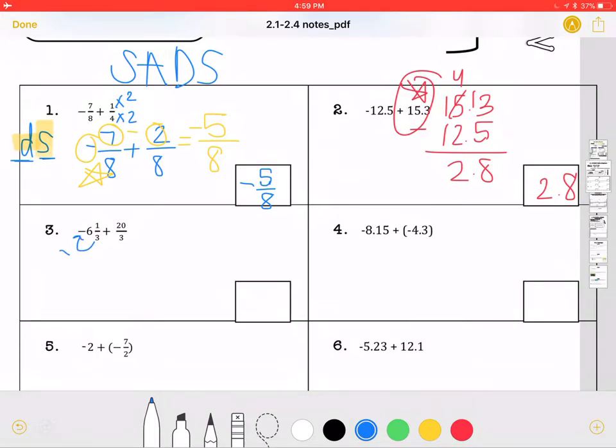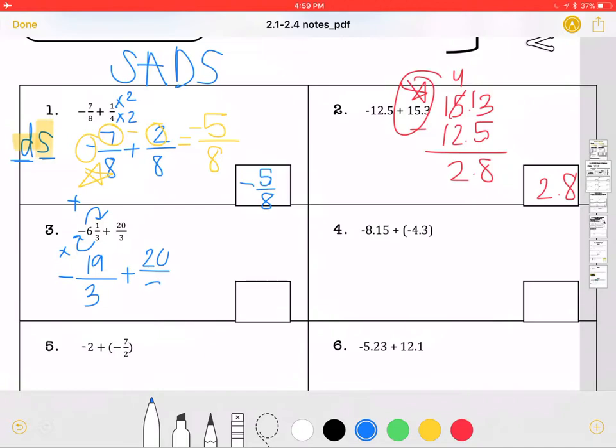We multiply 6 and 3, and then we add our numerator to that. So 6 times 3 gives me 18. 18 plus 1 gives me 19. And then I keep it over my original denominator. This was negative, so it's going to stay negative. And then let's just bring this down.